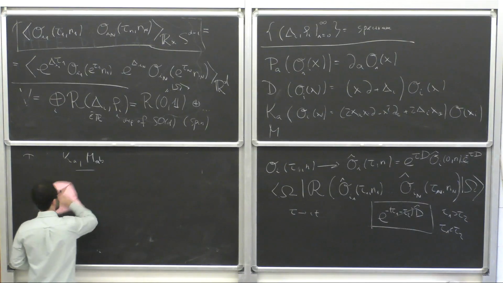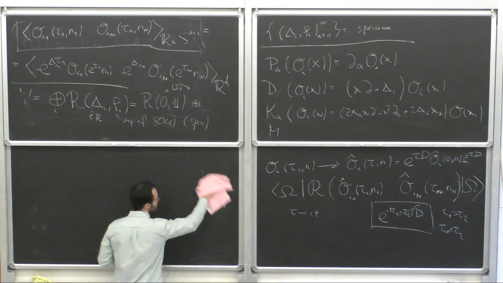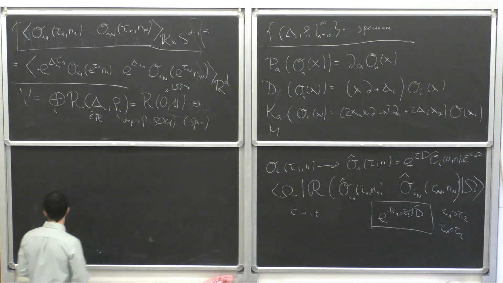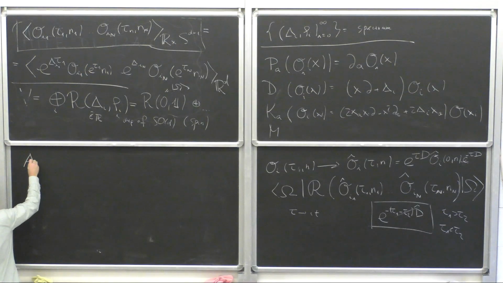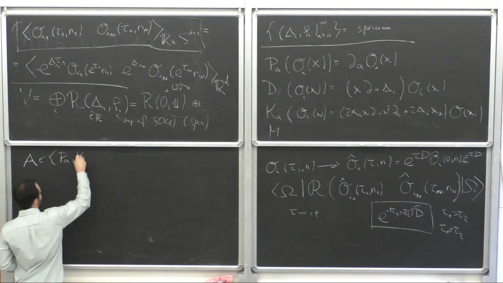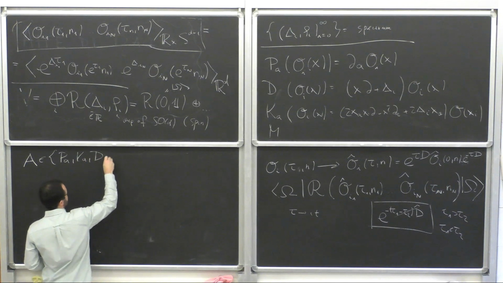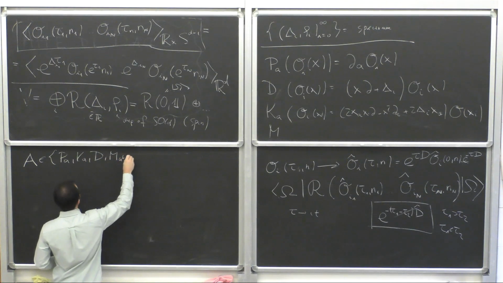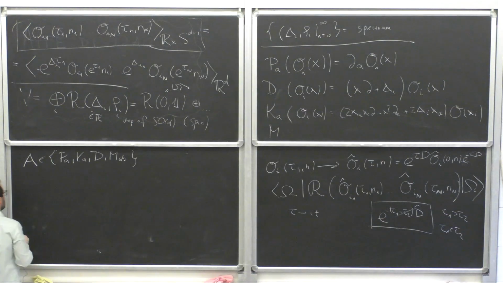And let's go back to R^d, sort of a cylinder. So if we have one of these generators, let's call it A, and we act, the statement that the theory is invariant has a consequence that correlation functions satisfy Ward identities.